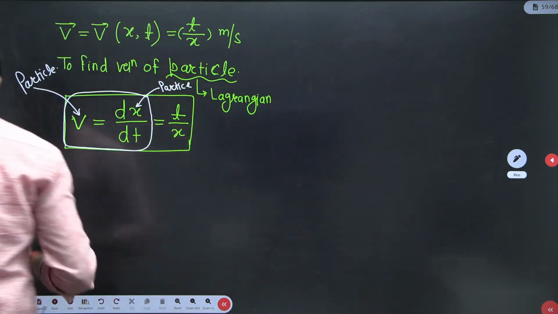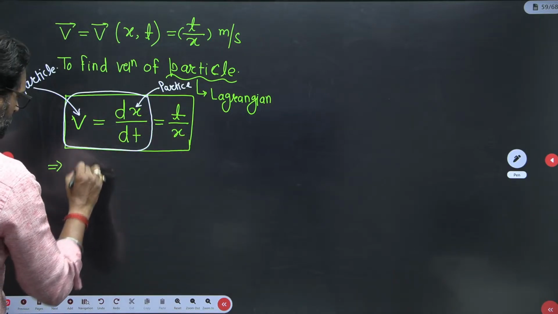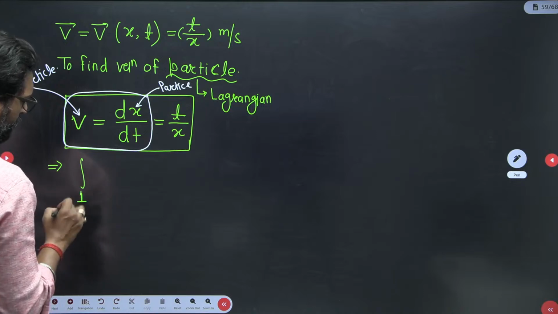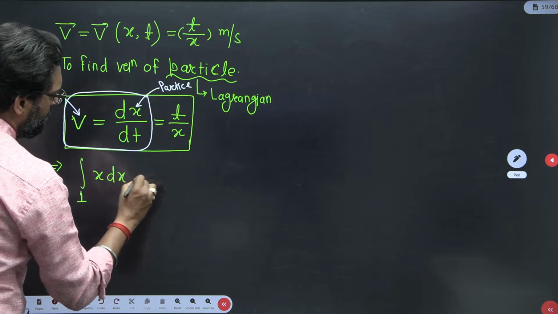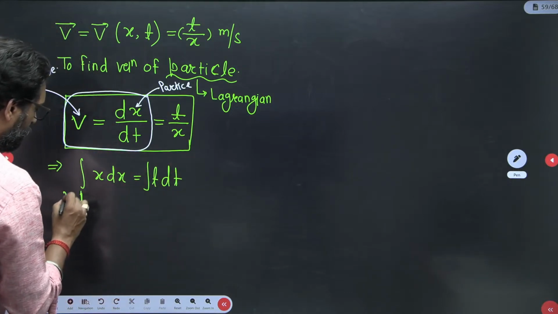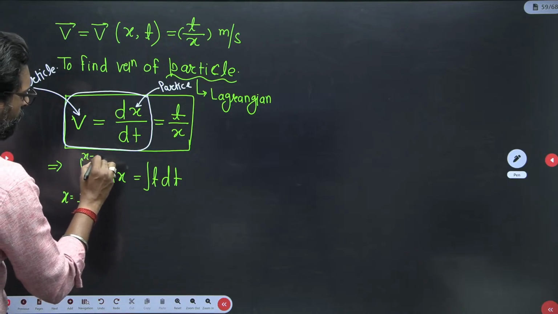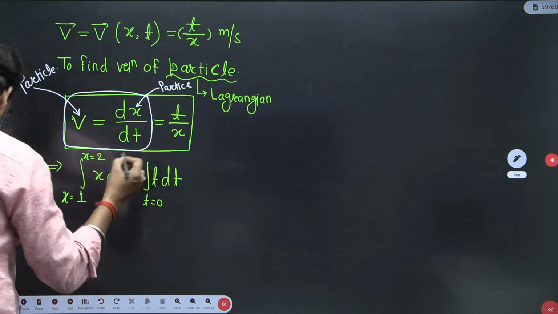Now my dear, this is t by x. Now if you integrate it, how much? x dx is equal to t dt. Now integrate from x equal to 1 to x equal to 2, where at x equal to 1 the time is 0, to time t, any time t.